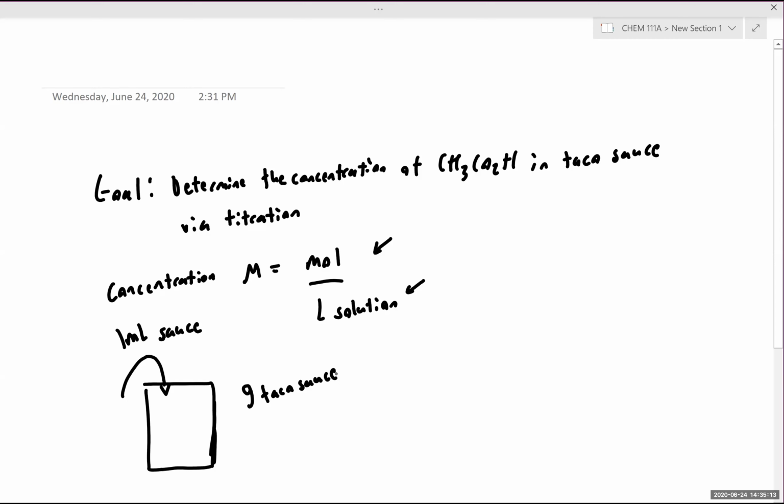Now, in terms of the liters of solution, in terms of the volume of taco sauce that we titrated, we know that we titrated roughly 1 milliliter of taco sauce. And we can use the density of taco sauce if we wanted to also calculate the volume. So you can also say volume is equal to mass over density. Both methods are acceptable in this case.